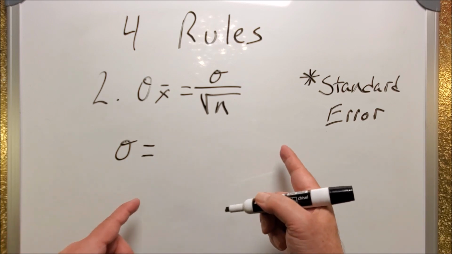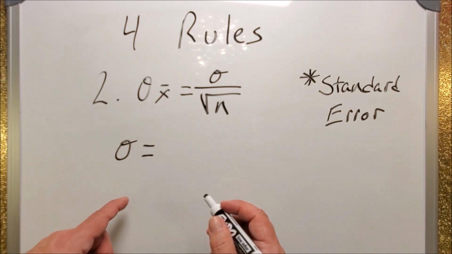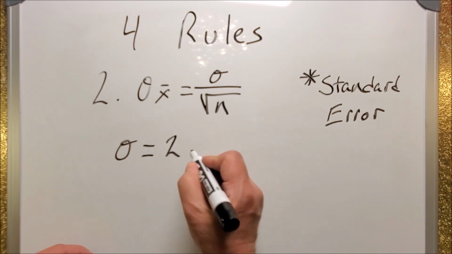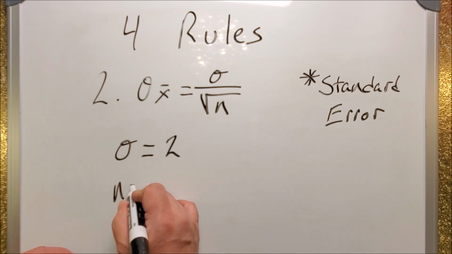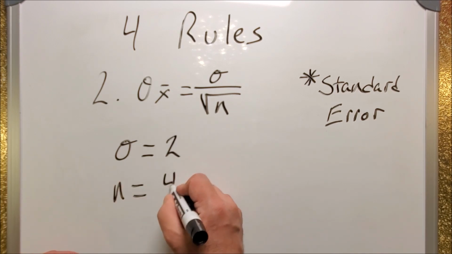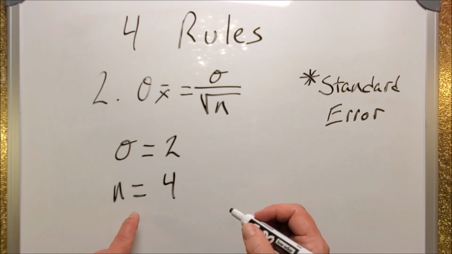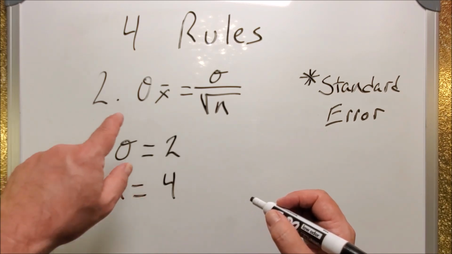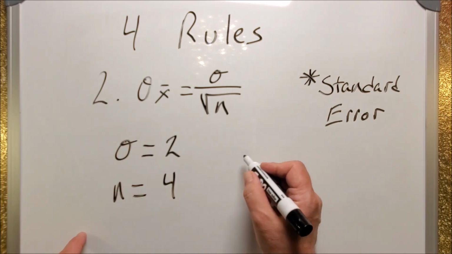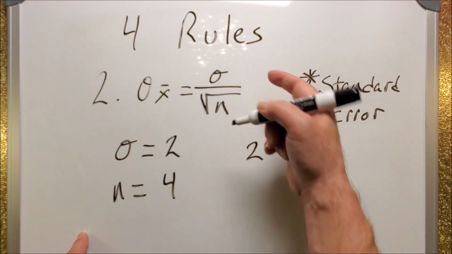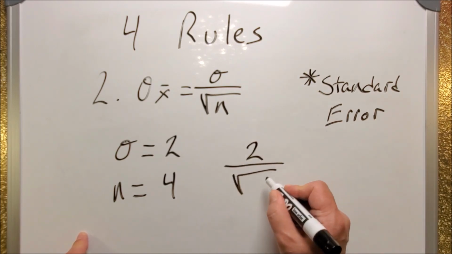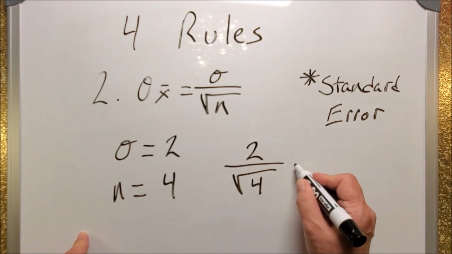Our parent population, the one I started out by talking about, had a sigma of 2. Let's imagine that we have a sample size of 4 that we're now working with. Well, in that case, the standard error would be 2, sigma, divided by the square root of our sample size.